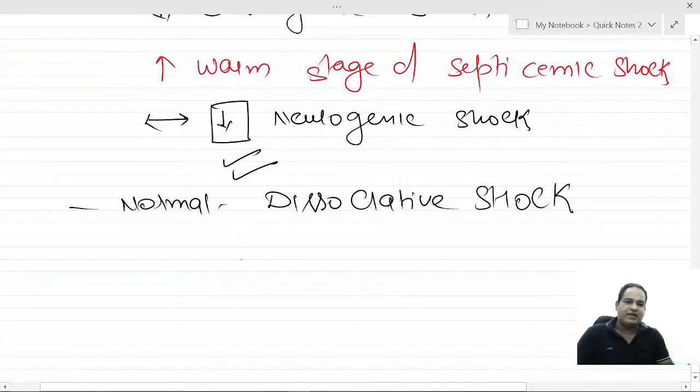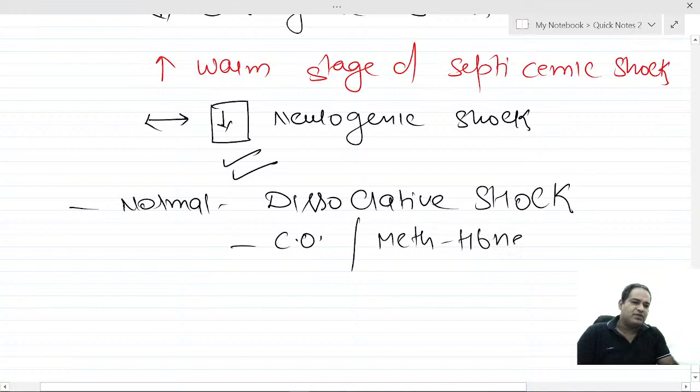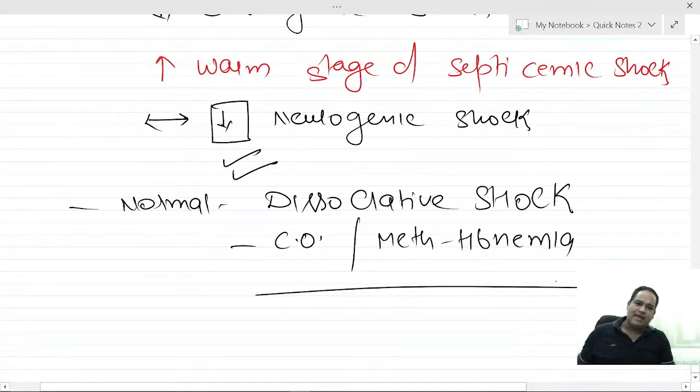What is dissociative shock? When the patient has carbon monoxide poisoning or methemoglobinemia, everything is normal. The only thing is that the hemoglobin is not carrying oxygen. Fine.